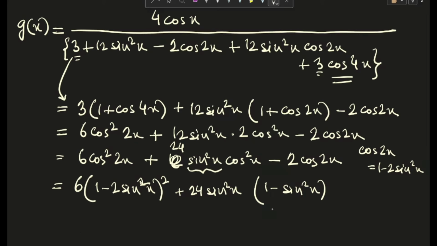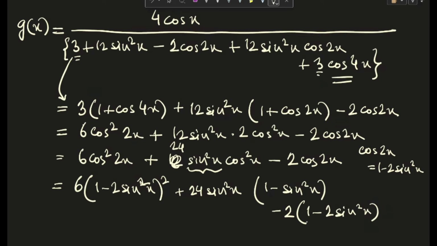Actually this is turning out to be pretty fruitful, because from here 24 sine power 4x will come in plus, and there is a 24 sine power 4x in minus coming from here. Cancellations are occurring, which means we are on the right track. So let's go ahead. This thing will be minus 2 times 1 minus 2 sine squared x yet again.